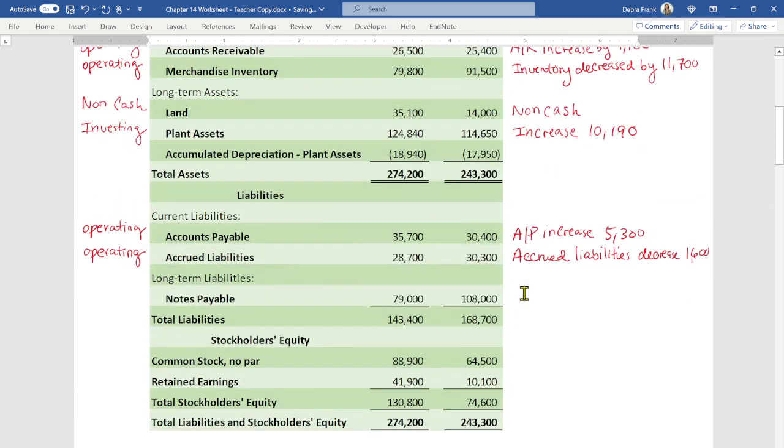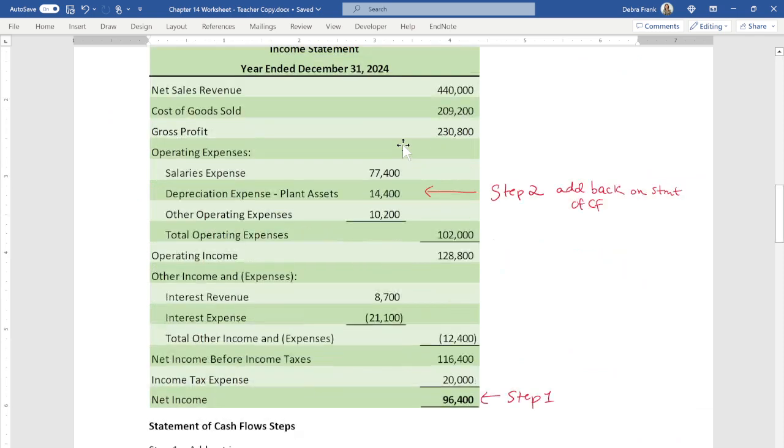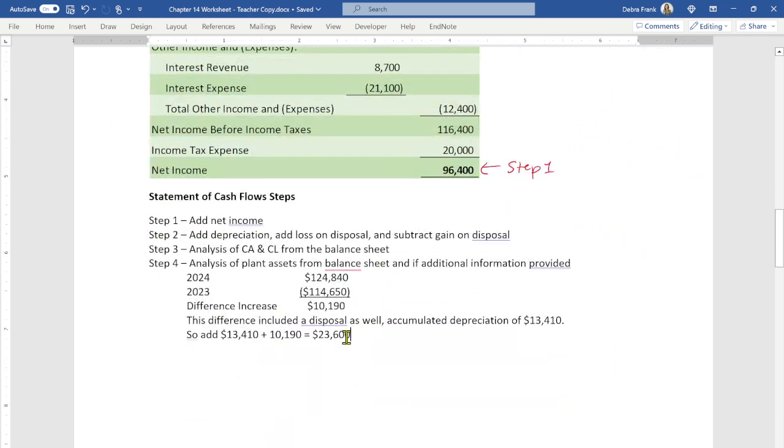So we must have used more cash to pay for it. So this actually technically is not increased only by 10,190 as we analyzed, because of the disposal. Also, there was depreciation for the total amount because it was disposed of for $0. So we actually have an increase in net plant assets technically of 23,600.